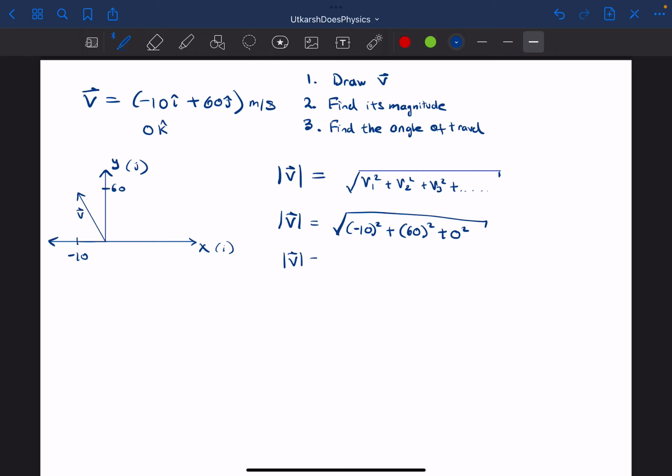So again, the magnitude of v is just the square root of 100 plus 60 squared, which I think is 3,600. And that's equal to, get the calculator out for that, 60.827 meters.